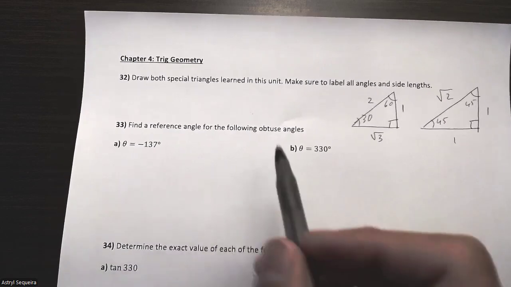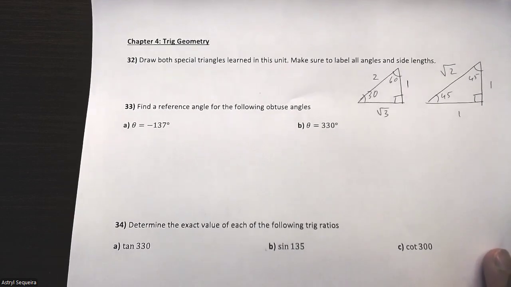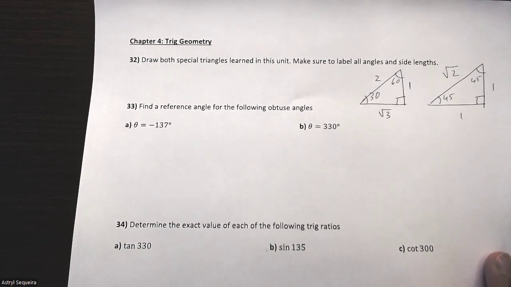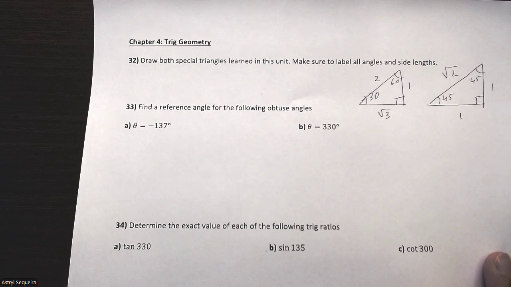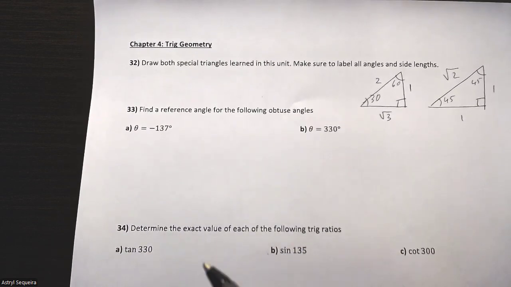So the first question says find a reference angle for the following obtuse angles. When it says reference angle, I don't know if it means... I guess it just means a coterminal angle.